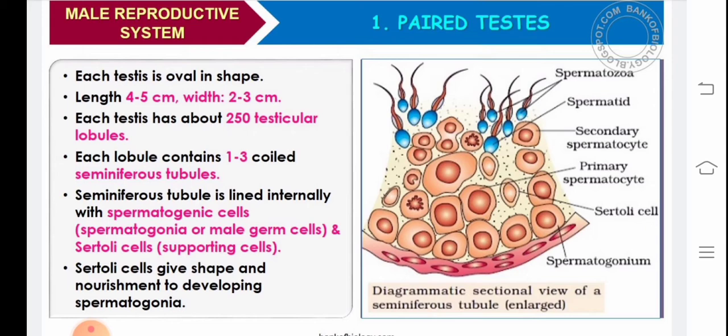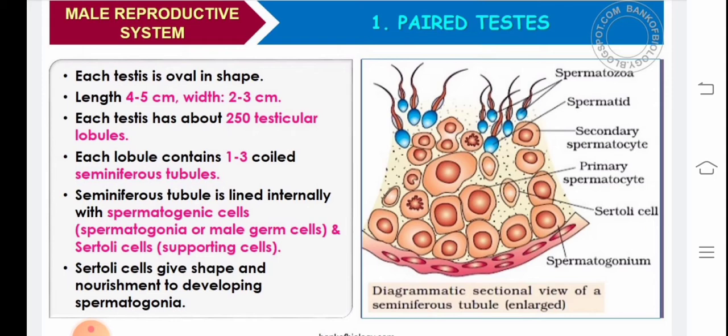Since these lobules are present inside the testis, it is called as testicular lobules. So inside each lobule, there is presence of highly coiled 1 to 3 tubular structure which is called as seminiferous tubule. So sperms are actually produced inside the seminiferous tubule. Clear?